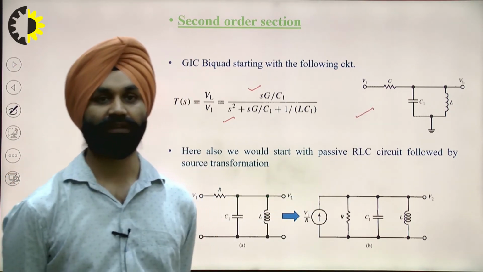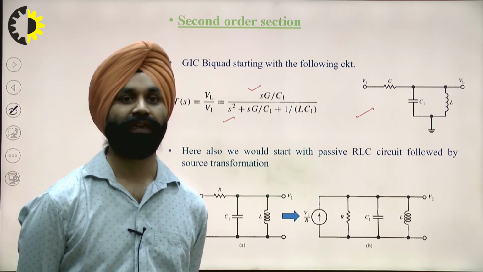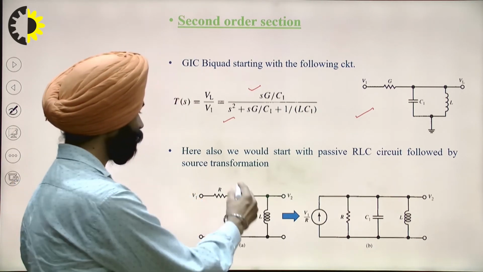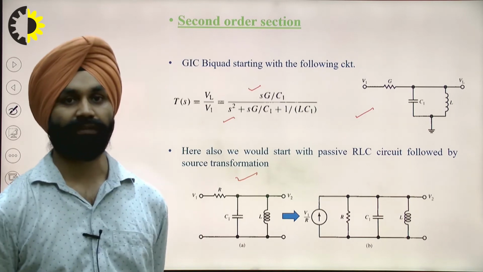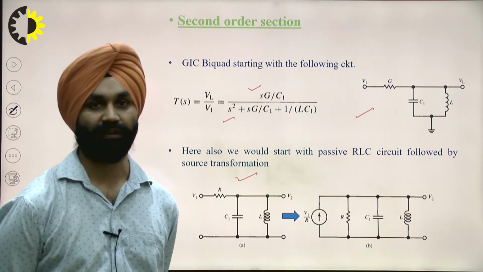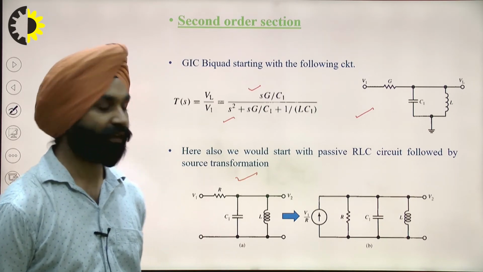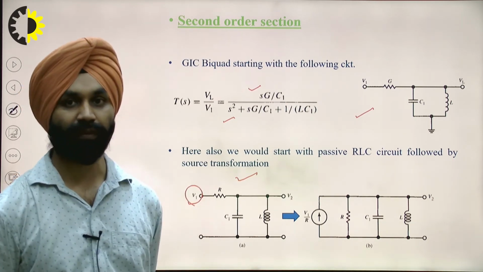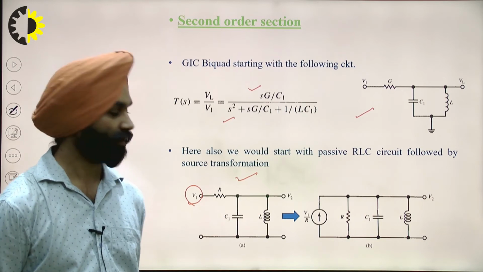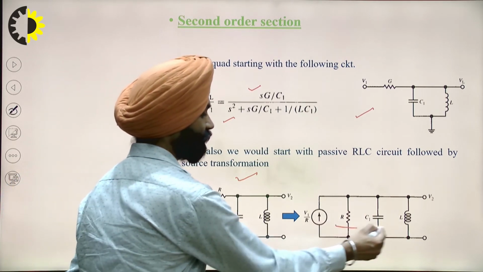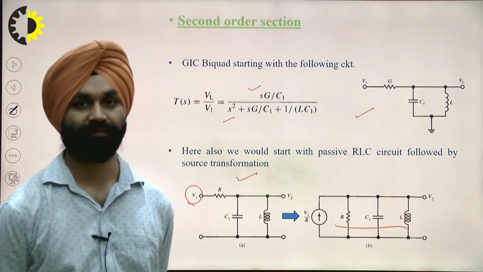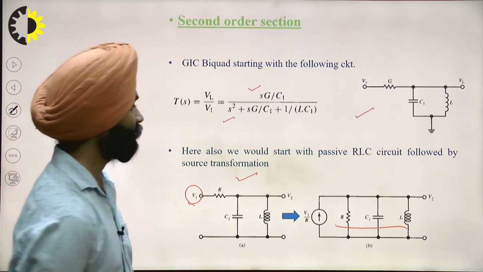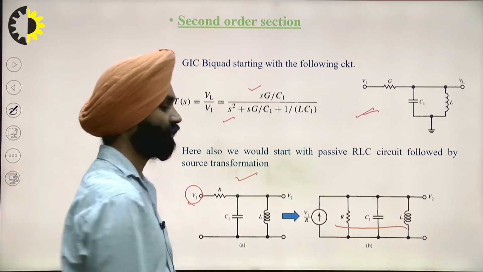In the previous unit also we created a ladder circuit, in the second unit also. Here if we transfer the voltage source, then it can be taken as a series RLC circuit. So we can create this filter in this way.